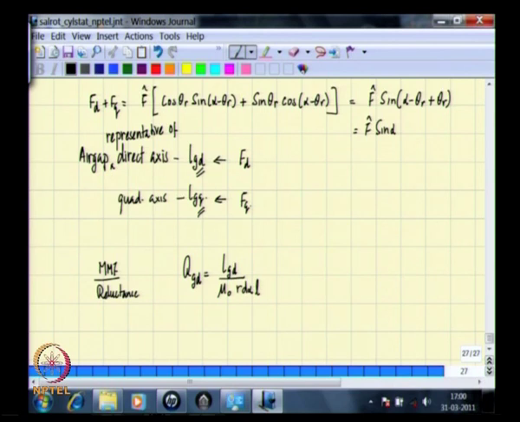So, this gives you the area of that small elemental segment. Lgd by mu naught into that area gives you the reluctance offered by a small portion of air gap having this area.